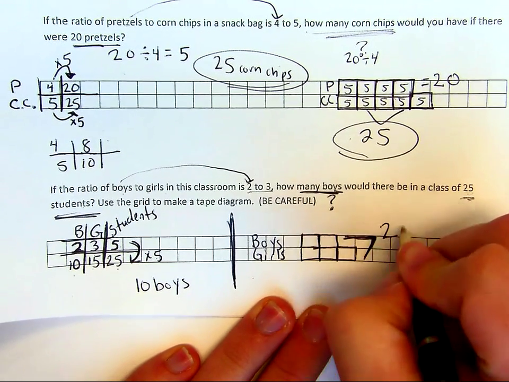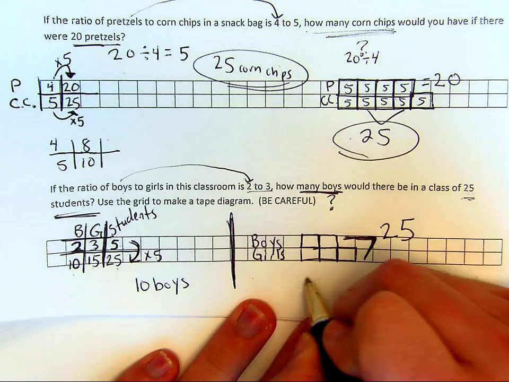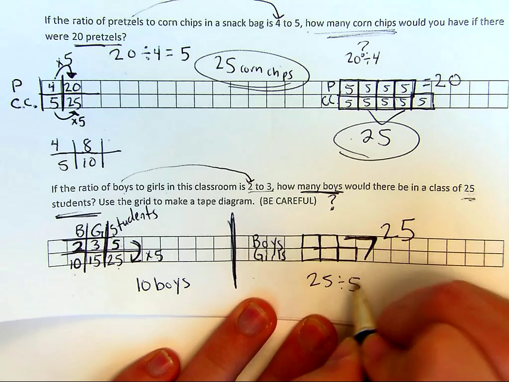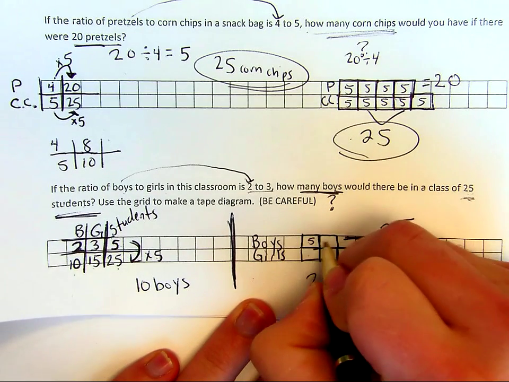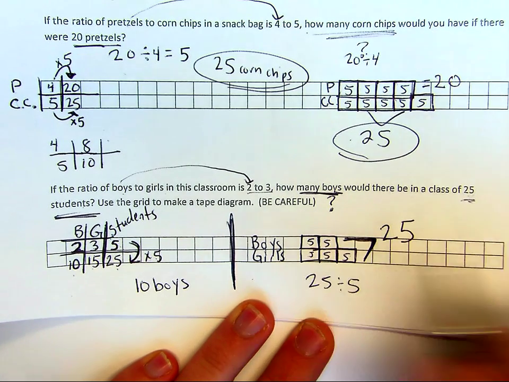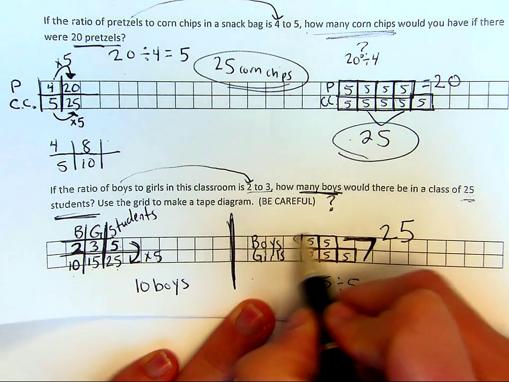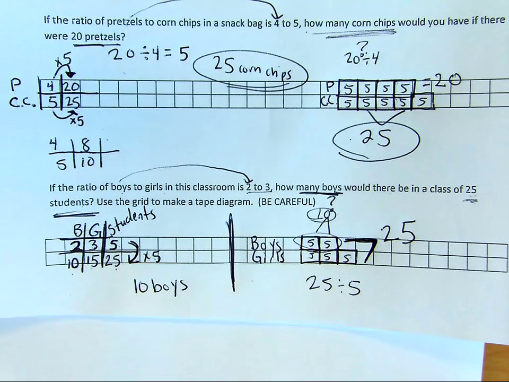So together the boys and the girls make 25. So here I'm doing 25 divided by 5 because there's 5 boxes I'm splitting it up, which is going to be 5 for each box. 5, 10, 15, 20, 25, so we know it works. And my answer here is 10 boys. Questions from anybody?